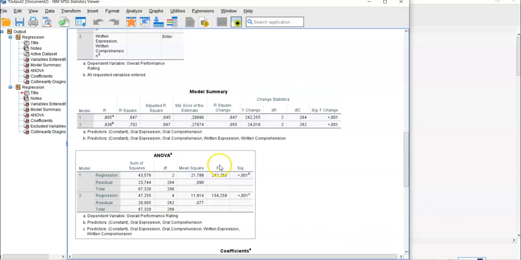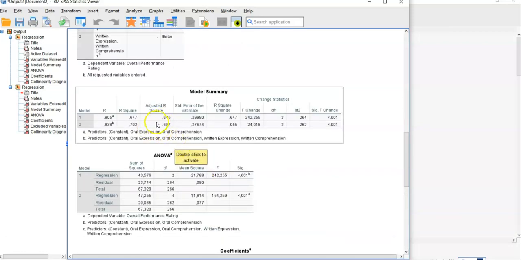Okay, so here we can check again. R squared is 65% with the first group, the oral abilities, and with the written abilities it is about 70%. This means that only about 6% was added.